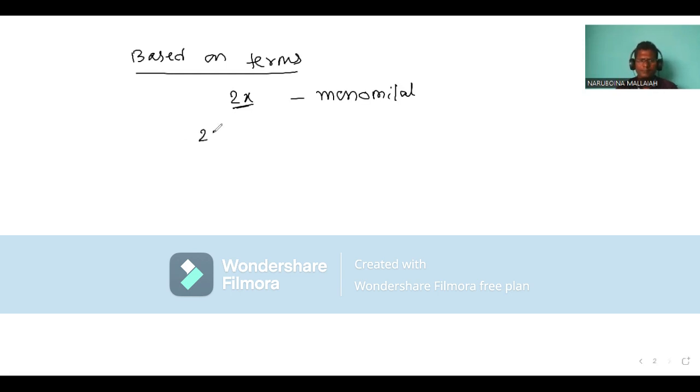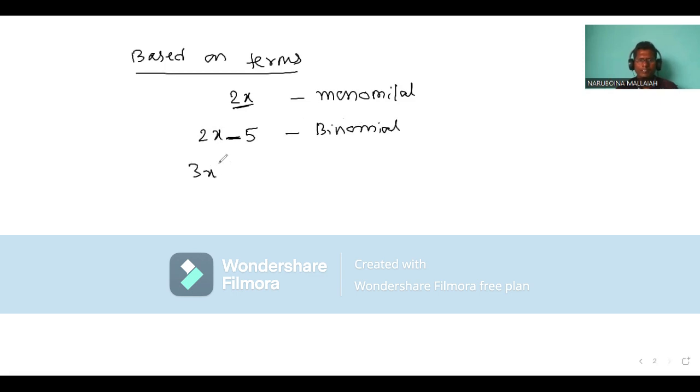If I write 2x minus 5, here two terms are there. Terms are always separated by plus or minus, right? See here minus. So 2x is one term, 5 is one term. So it is having exactly two terms. So we can say it is binomial.